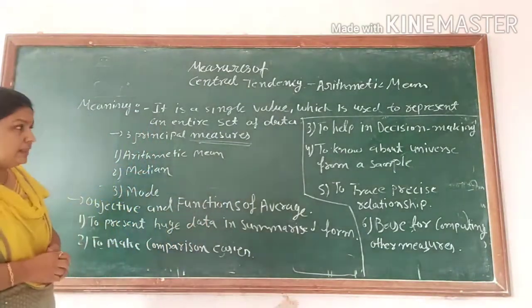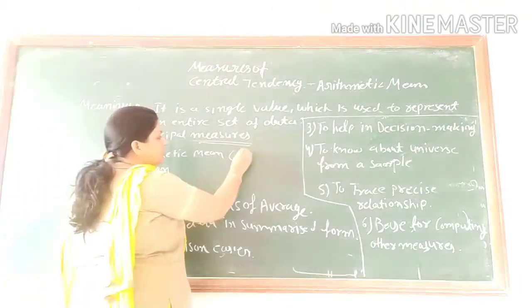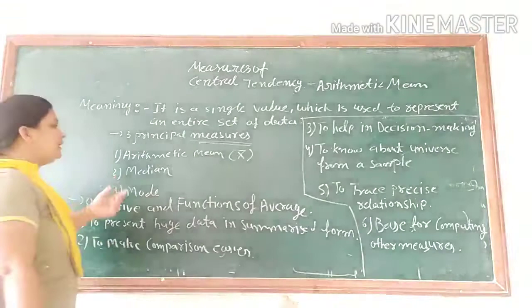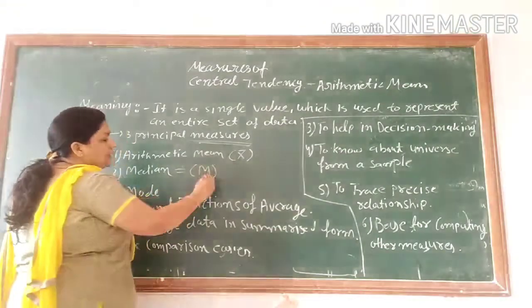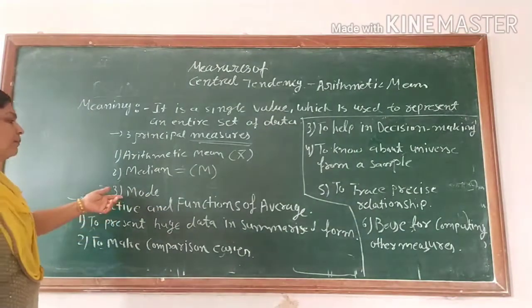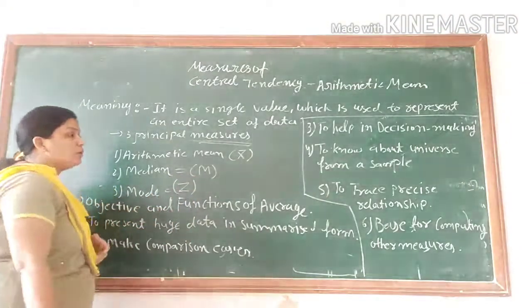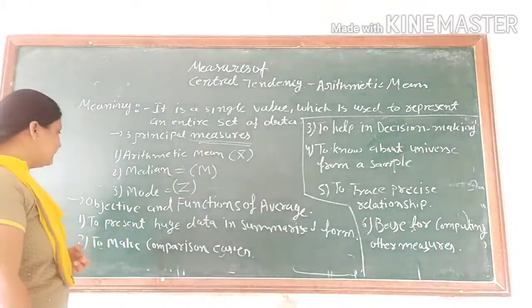Basically, three principles like arithmetic mean, we can say average also. We can denote it by x bar. Median, it is denoted by the capital M. And mode, it is denoted by the capital Z. So these are the three main measures of central tendency.